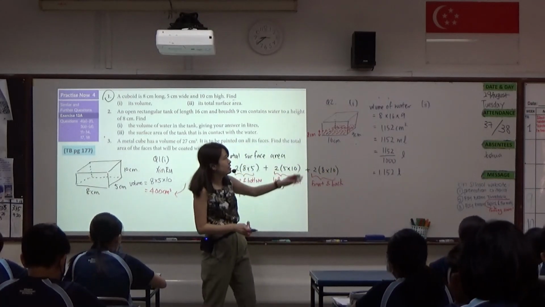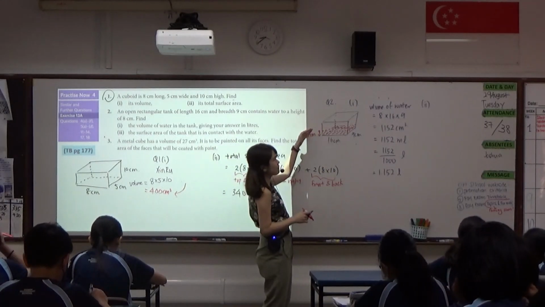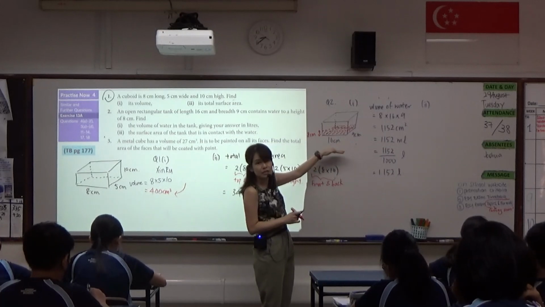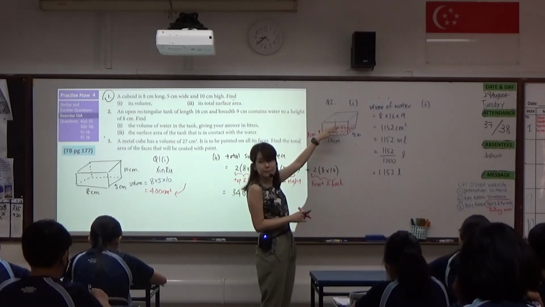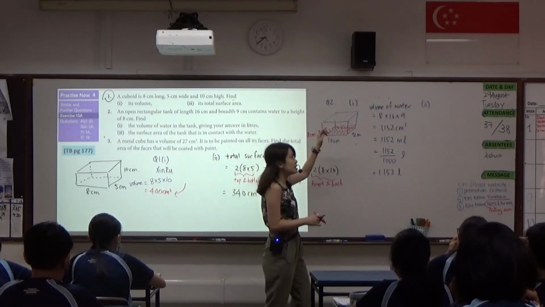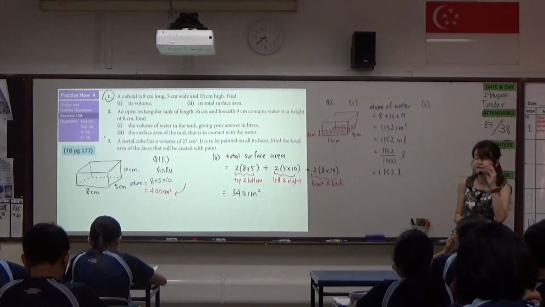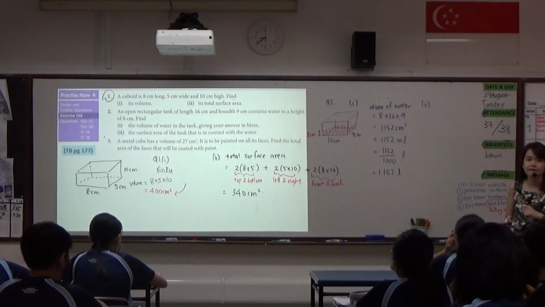We have the front, back, left, right, and bottom, but do we have the top? We don't, so we will consider 5 surfaces when calculating our surface area.